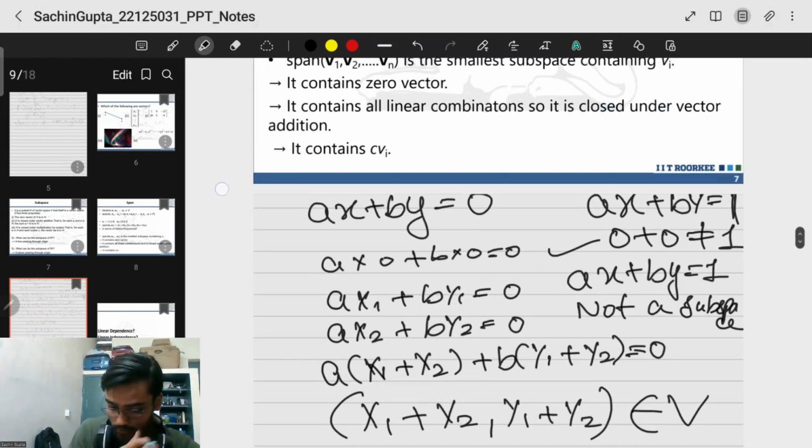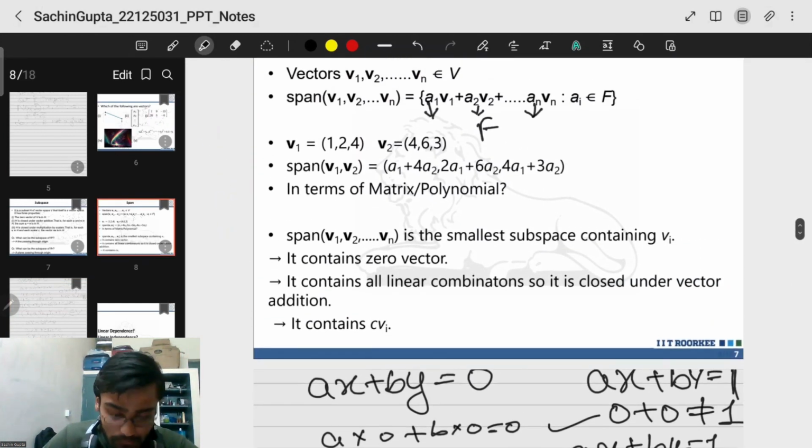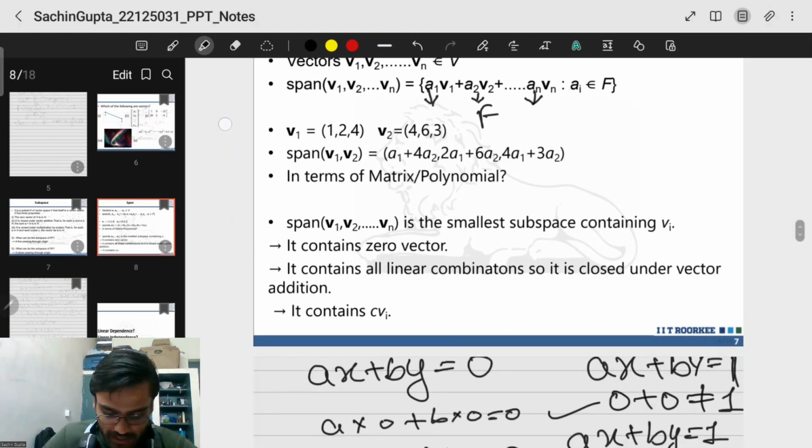Now can we talk in terms of matrices or polynomials? As I said, matrices and polynomials can also be treated as vectors.